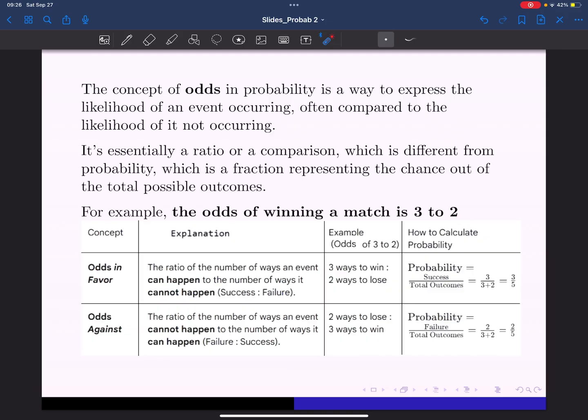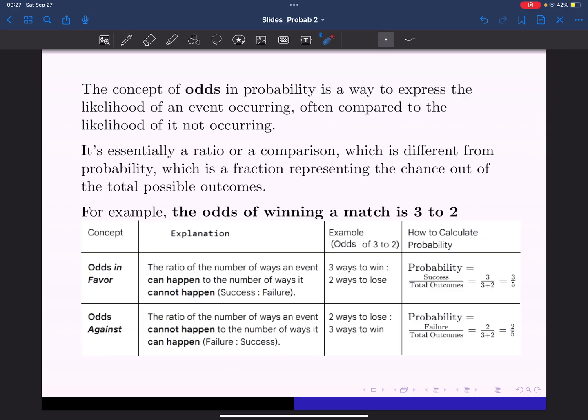So odds in favor would be the ratio of the number of ways an event can happen to the number of ways it cannot, so success to failure. So we have 3 win, 2 lose. But if we want to calculate the probability of winning, the favorable outcomes are 3 out of the total outcomes, so we add 3 and 2. The probability is 3 out of 5.